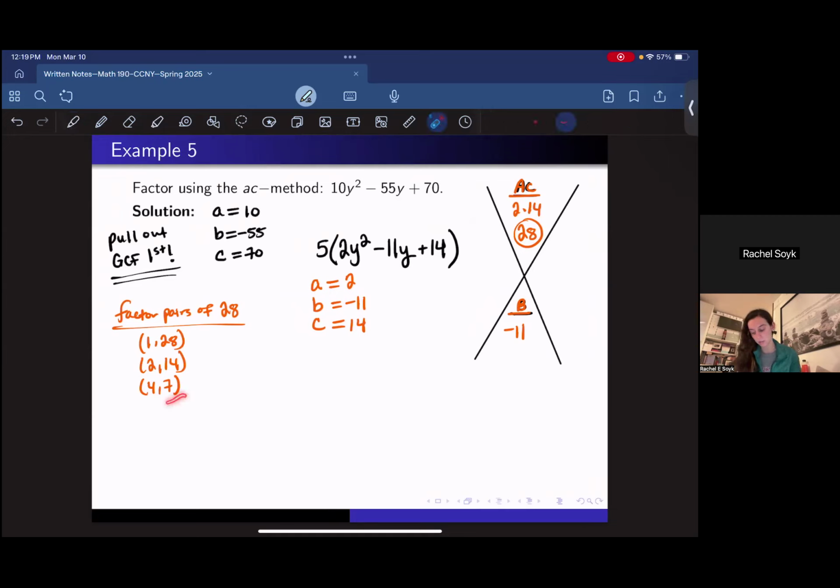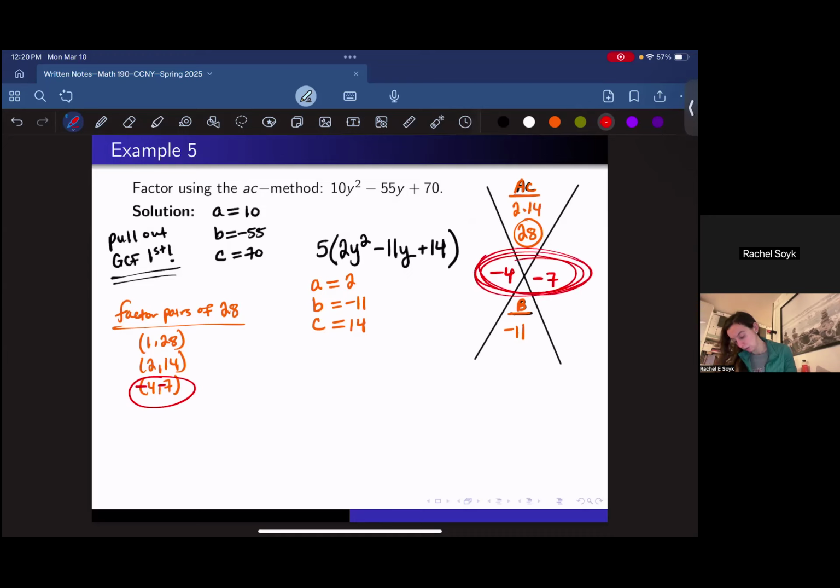So we are done. And we do have some negatives here, so we're going to have to do some manipulation with negatives. Of these 3 factor pairs, with the manipulation of a negative sign, or maybe 2 negative signs, which factor pair can add up to negative 11? The only one is that last one if we make both of them negative. And so we have negative 4 here and negative 7 here.